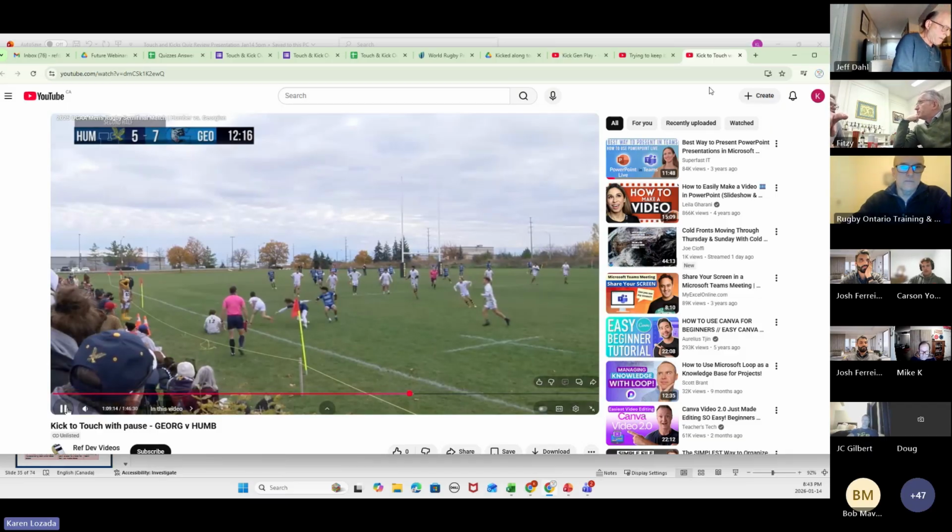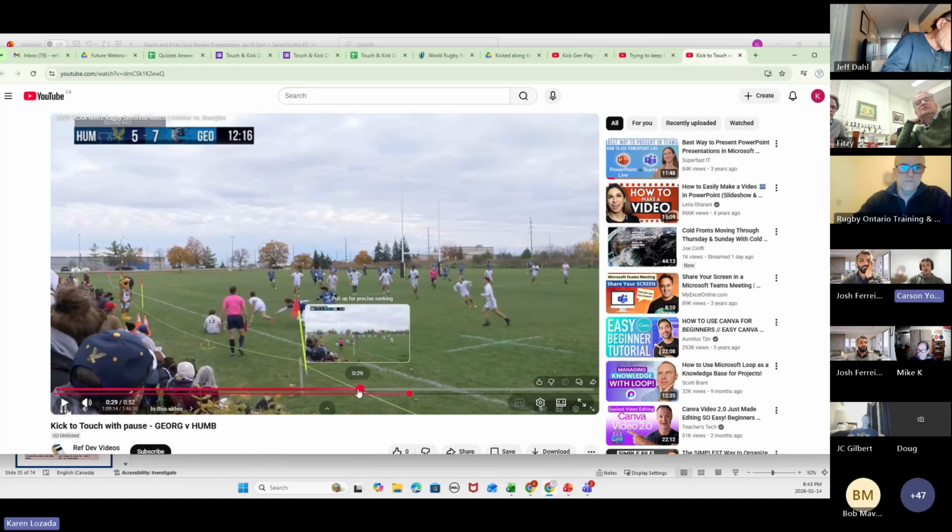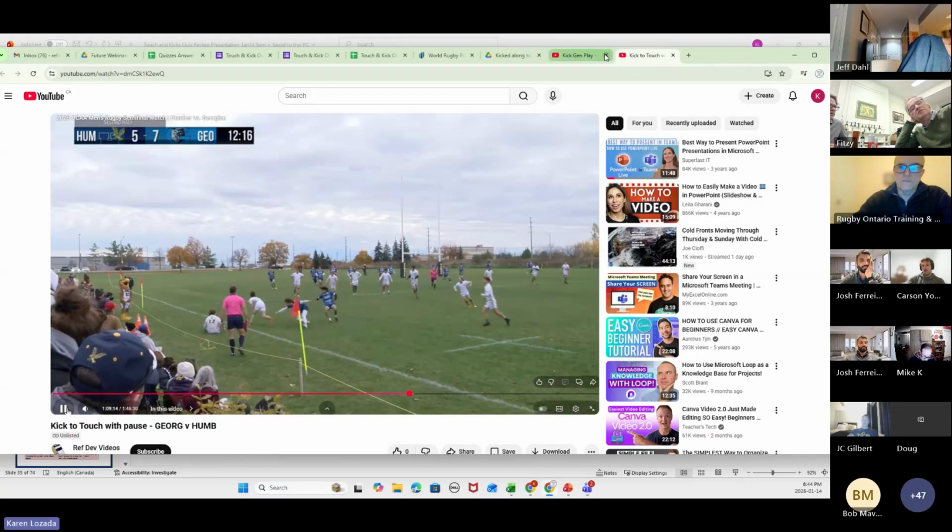The ball is in touch either way, but if this wasn't a penalty, White would be throwing into the lineout, because they played it last. Correct, if it was an open play kick. Okay, great.